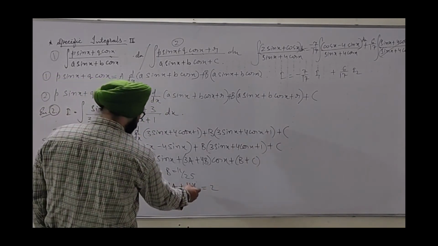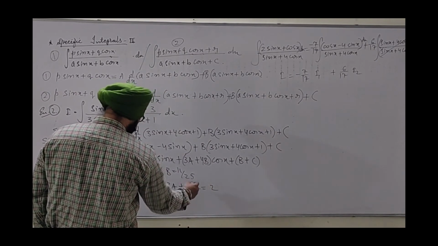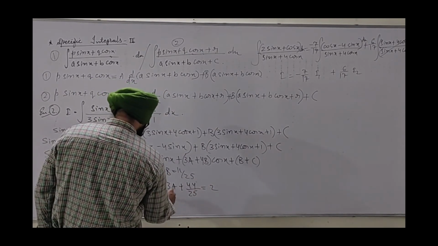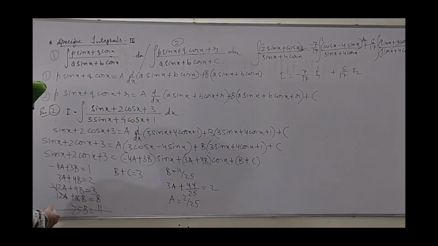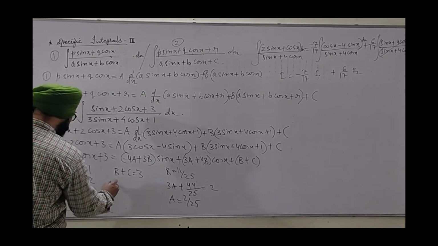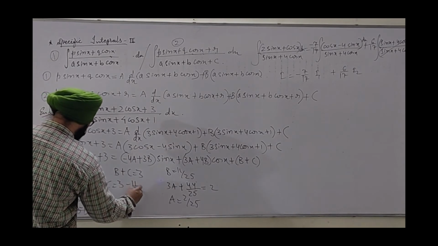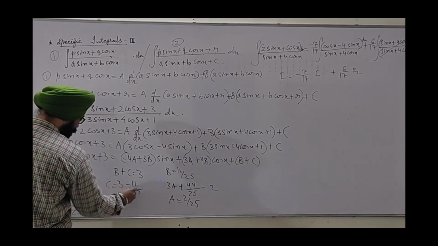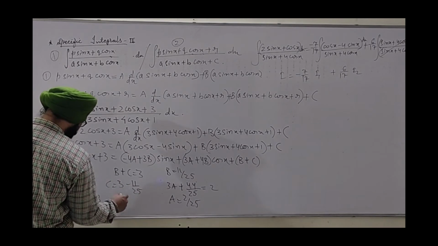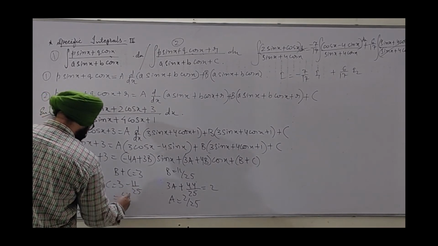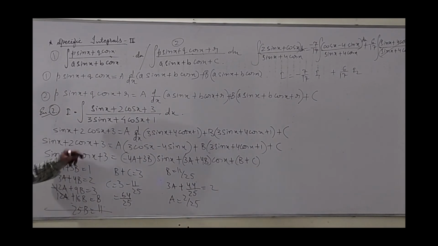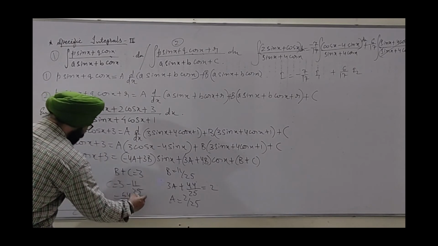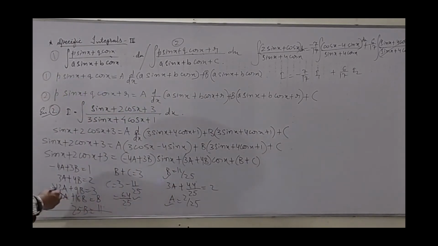So it gives 50 minus 44, which is 6 by 25, so finally A is equal to 2 by 25. Now using the value of B we can obtain C also as 3 minus 11 upon 25, 25 times 3 is 75 minus 11, 64 by 25. I tried my best to take small numbers, but we have obtained such figures, no problem. So these are the values of C, A and B.